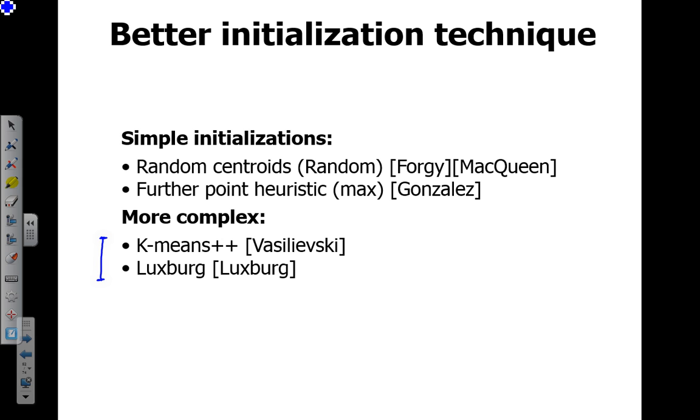But anyway, just to give some understanding of how much better we can do, I consider here random centroids, which is by default the solution you expect to be used with k-means. At least the original papers use this. Then I include the furthest point heuristic, called the max-min technique.